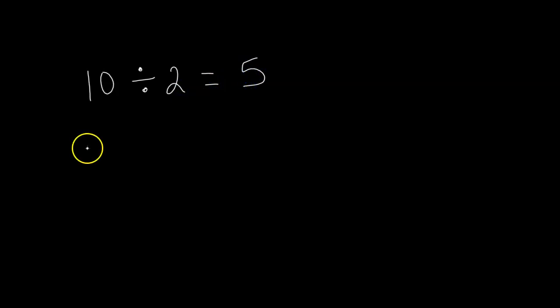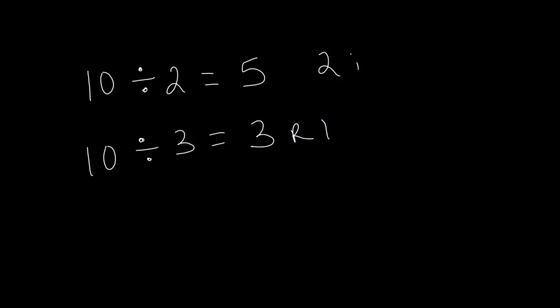But if I wanted to divide 10 by 3, well, 3 goes into 10 3 times, but we have a remainder of 1. So we would say 2 is a factor because we got a 0 remainder. We would say that 3 is not a factor.